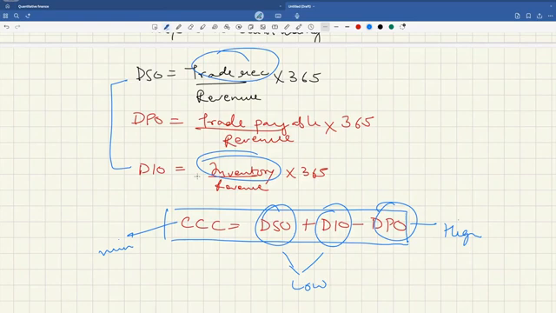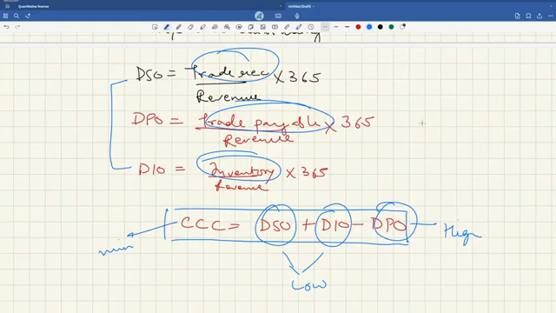That is why these types of companies prefer to keep inventory and trade receivables low. Whereas from a DPO perspective, they want trade payables to be as high as possible, so that they can fund their activities using suppliers' cash.